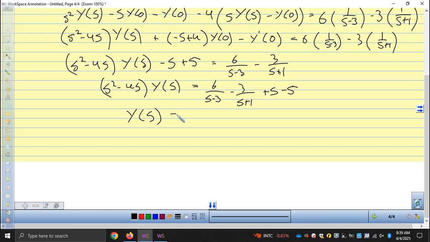So we get y of s equals 6 over s squared minus 4s, s minus 3, minus 3 over s squared minus 4s, s plus 1, plus s minus 5 over s squared minus 4s.